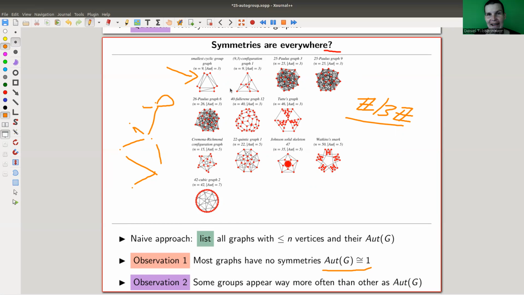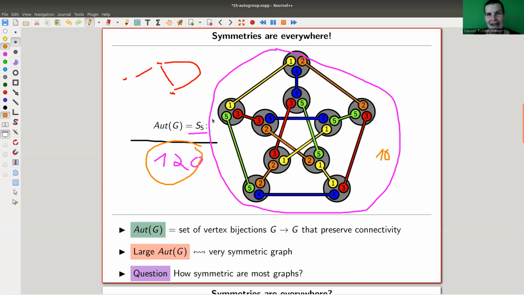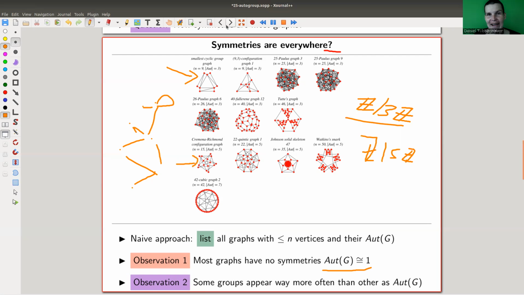And here is a list of those kinds of large graphs with small automorphism group. Z mod 5 is also very difficult to generate. We need at least 15 vertices for Z mod 5, while something like the symmetric group, as you can see here, appears very, very easily. It's a strange flavor, and it's not quite clear.